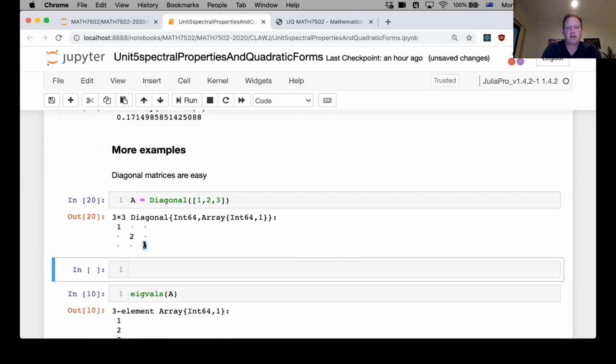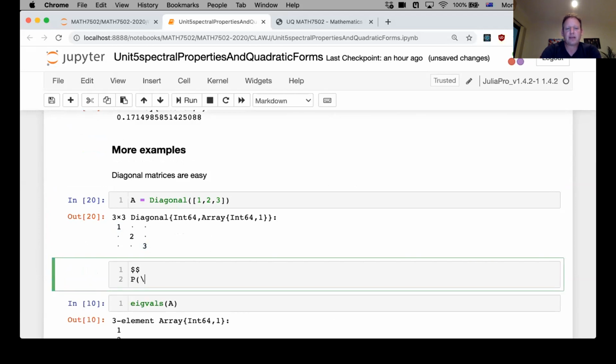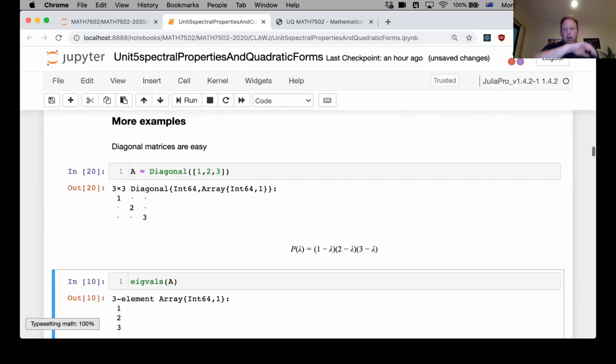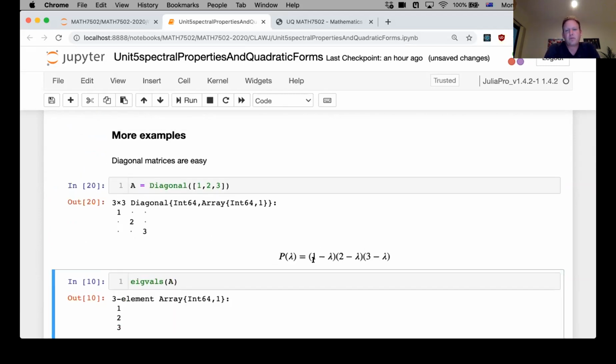So the characteristic polynomial of lambda is 1 minus lambda times 2 minus lambda times 3 minus lambda. The roots of this characteristic polynomial are just 1, 2, and 3.